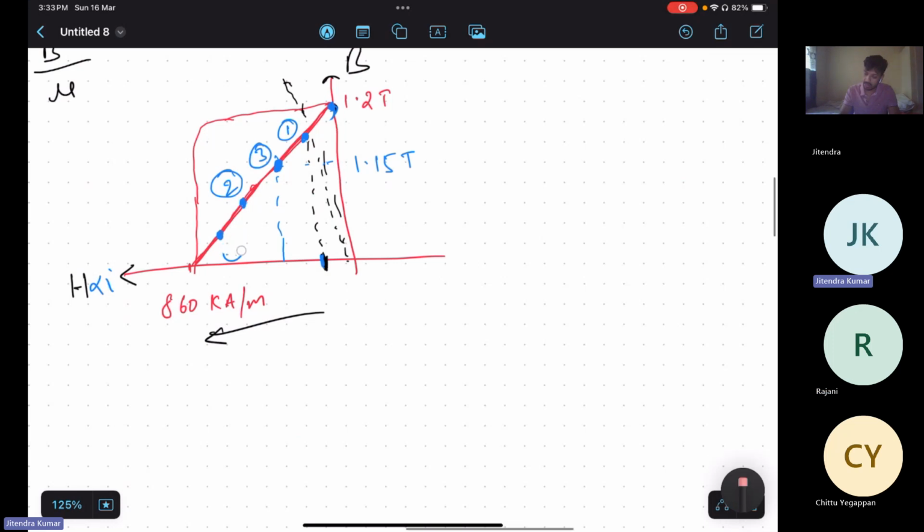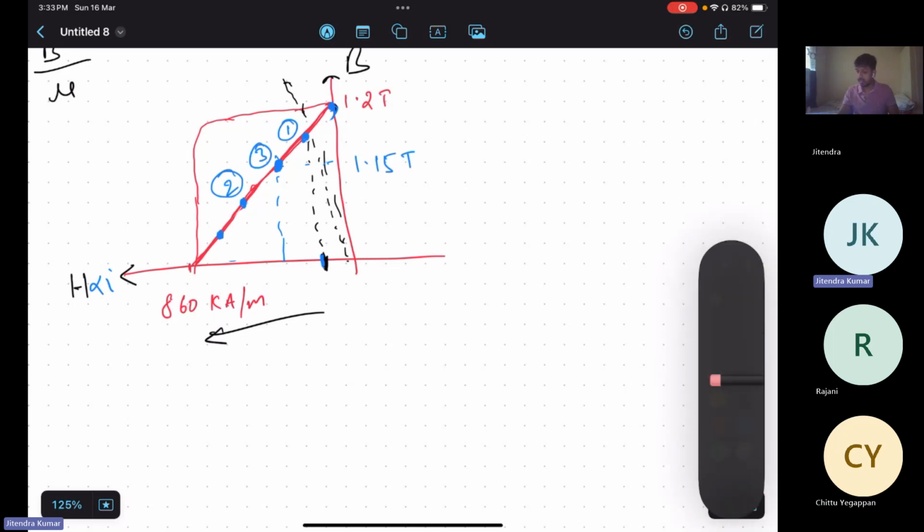So I hope you got my question. 3 was with only air gap at no load. 2 is when external field is applied. 1 was when no air gap was present in the circuit. So when we applied this external field, the operating point will shift from 3 to where? 1 or 2? 2, exactly.